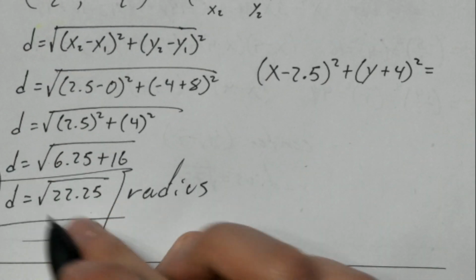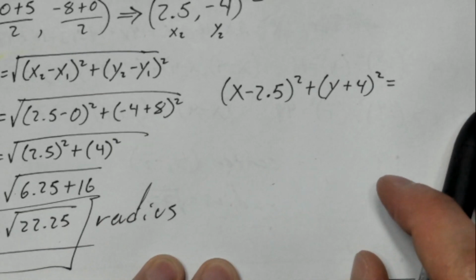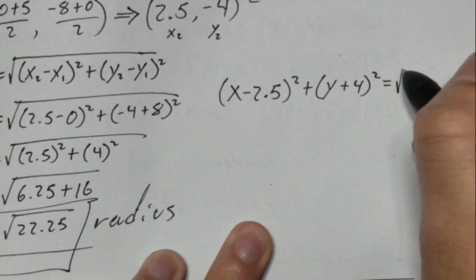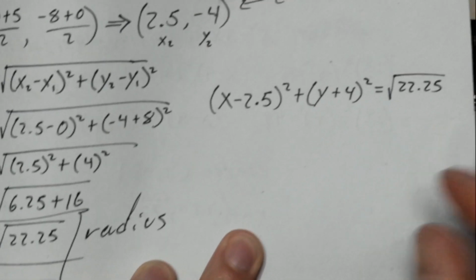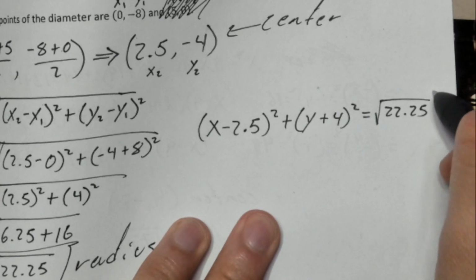And the radius is the square root of 22.25, but it's the radius raised to the second power.